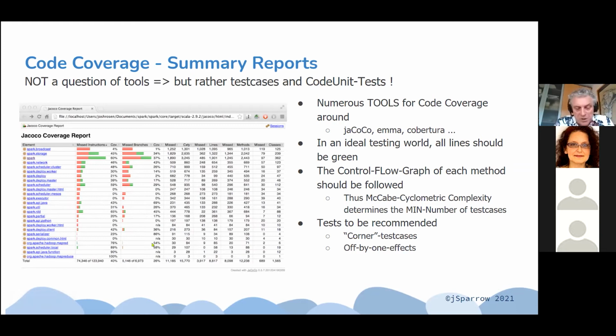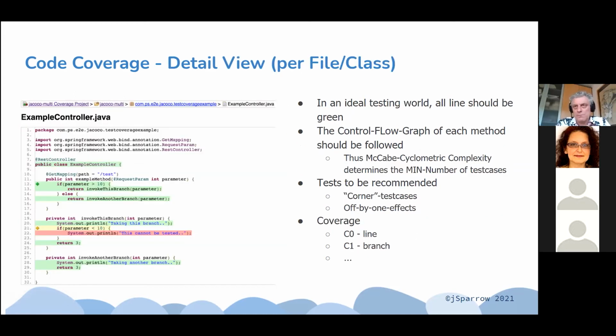It could be JaCoCo, Cobertura, or Emma. The same works also for COBOL, by the way, with other tools. So you always have a summary report where you see, for packages or going down to individual files, what has been covered and what has not been covered.